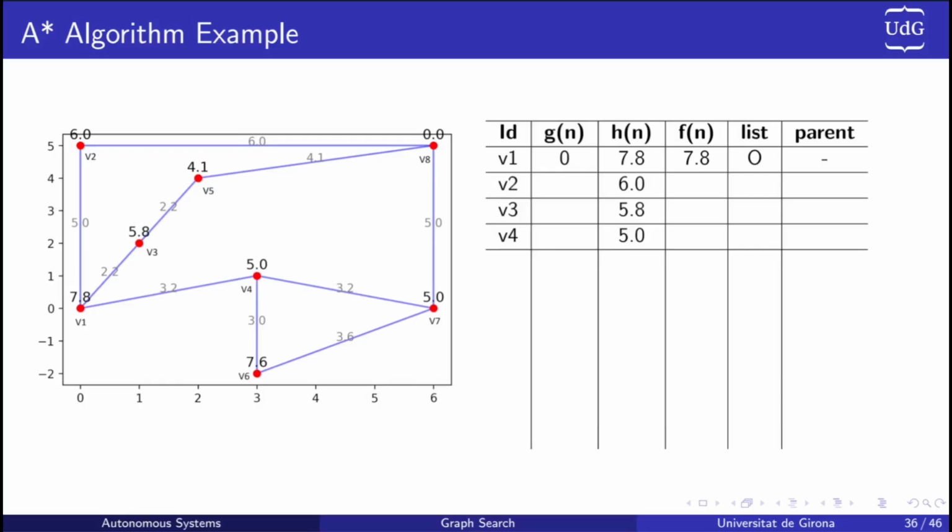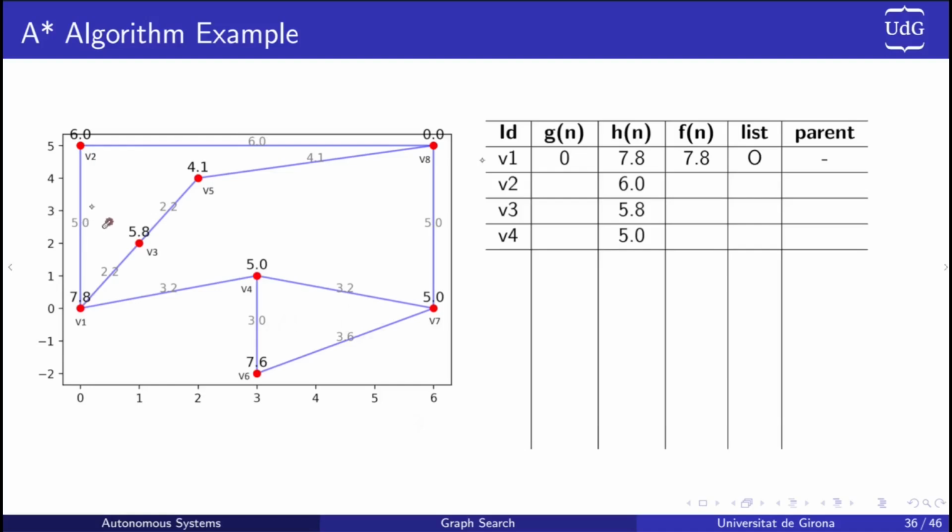Here what we have is the heuristic for each node. For node B1, the heuristic, my assumption to reach the goal that is in here, is 7.8 meters, kilometers, whatever, kilowatts of energy, seconds, whatever you decide is your cost.